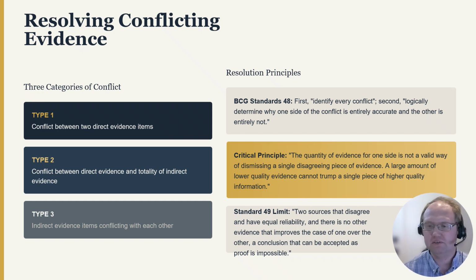Because there are cases where large amounts of lower quality evidence, more sources saying one thing, are outweighed by a single source on the other side that is superior. Like, you have five different censuses saying the person was born in 1850 in Ohio. But then you have an Ohio record, let's just say it's a baptism, because that's probably what exists back in 1848.